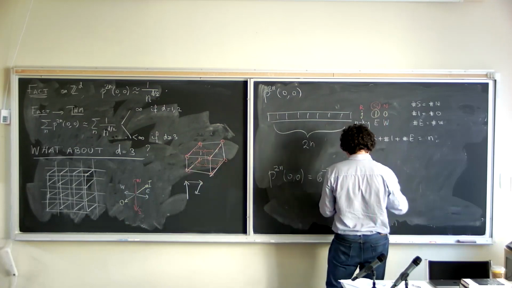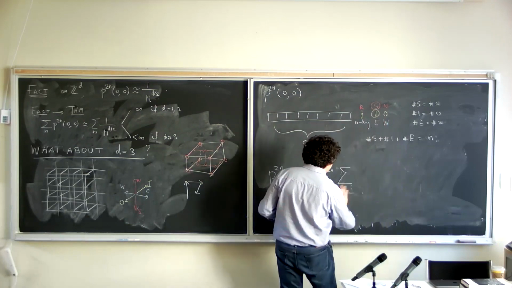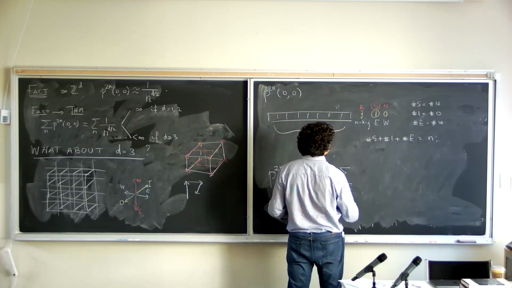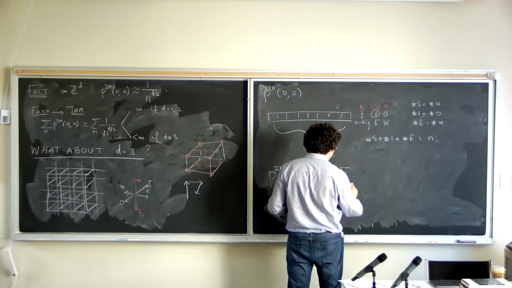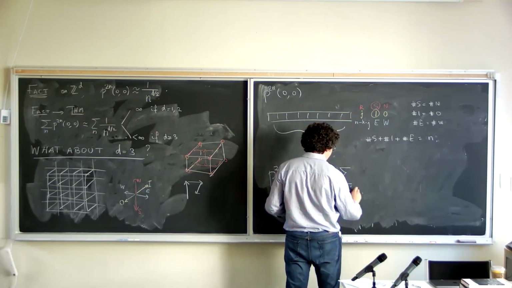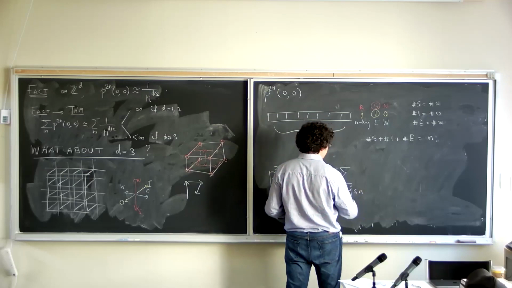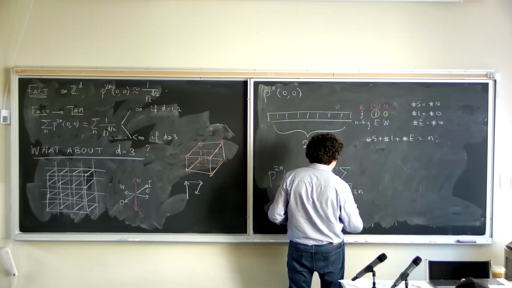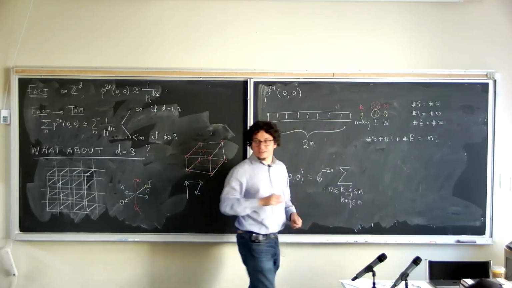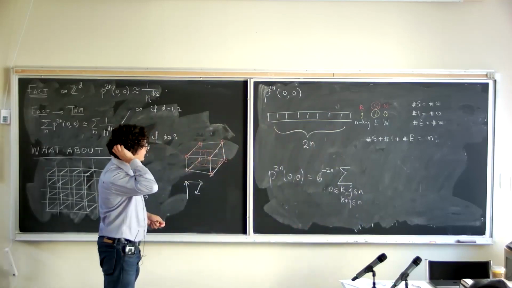Okay. So yeah, we have to choose k and j. So you have to sum over k and j between say 0 and n, and maybe that k plus j is less than n. Right?